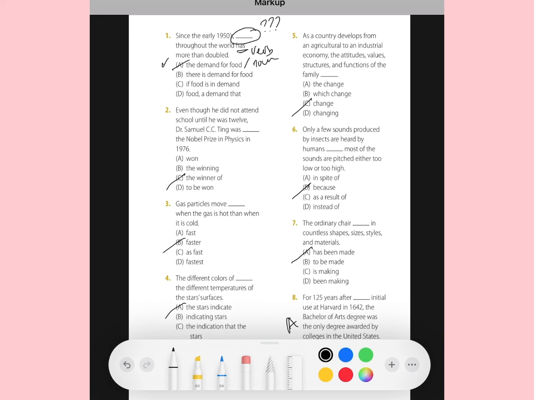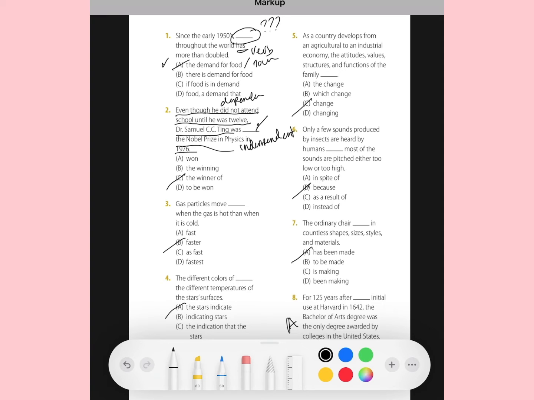Number 2, you need to identify which subject and verb as well. But most importantly, please identify the parts of these sentences. Even though blah blah blah must be a dependent sentence, while Dr. Samuel and the rest of the sentence will be independent. So now you're going to focus on the independent sentence and try to figure out the blank space here.